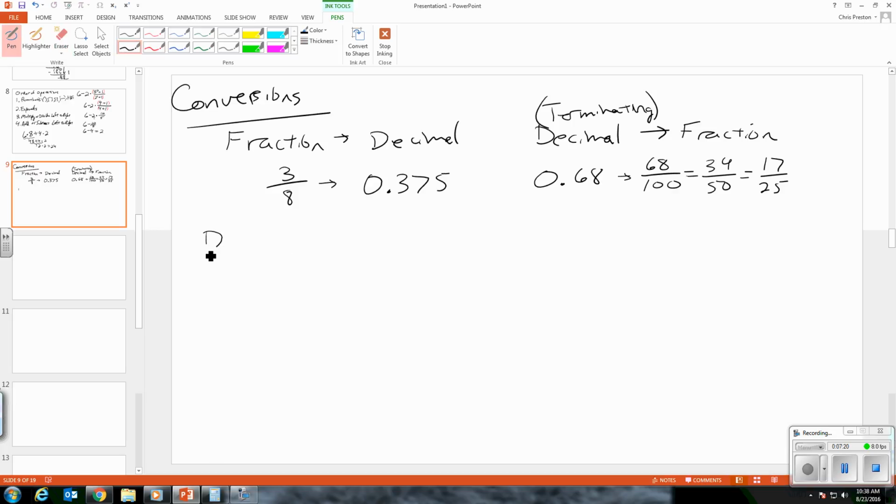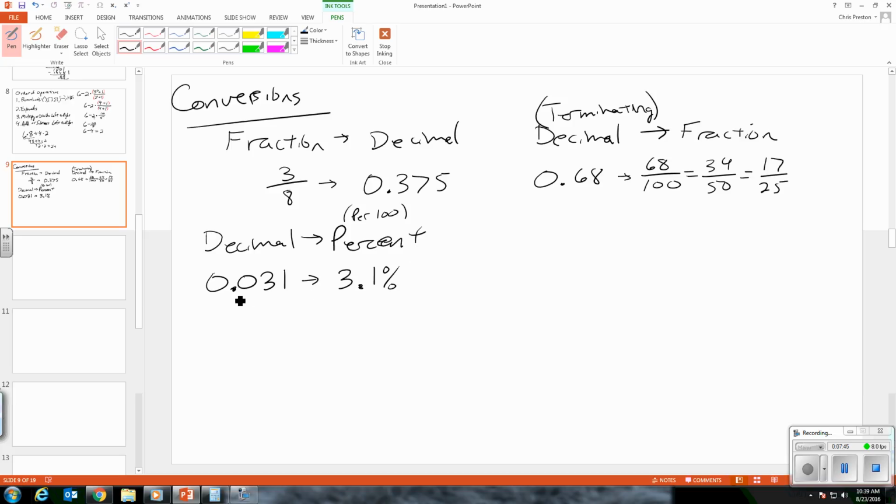Let's go decimal to percent. 0.031 is 3.1%. So percent means per 100. That's what percent means. Cent is 100.